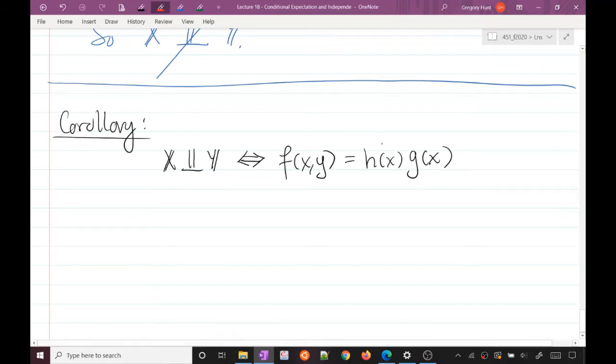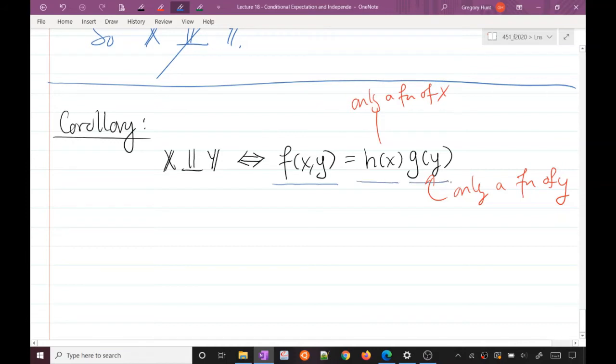And so here, h of x is only a function of x, not of y. And g of y, sorry, it should be g of y, is only a function of y. This looks really similar to our previous theorem. What I'm saying here is that if I can factor my joint into a function of only x and a function of only y, then they are independent.